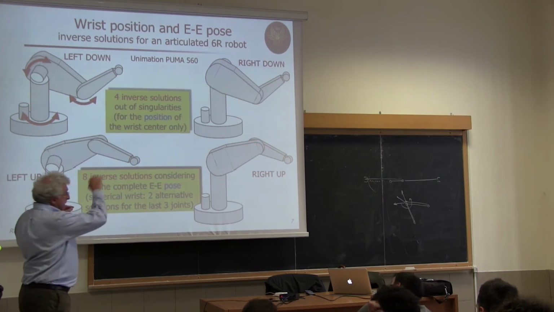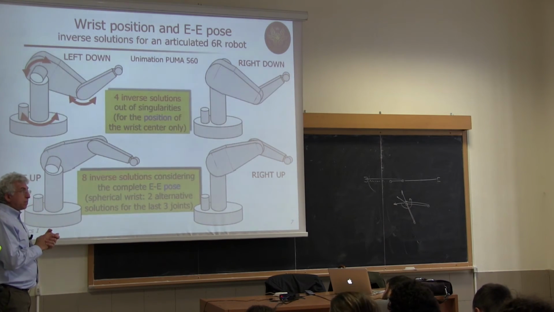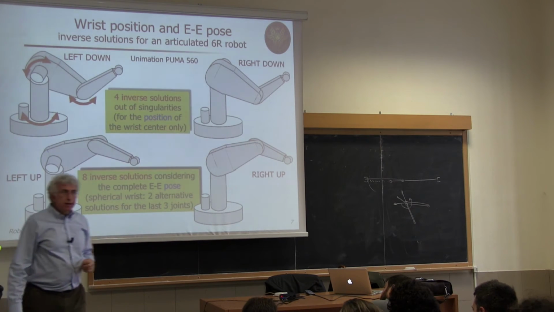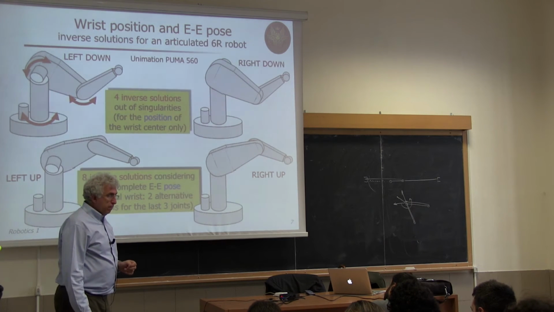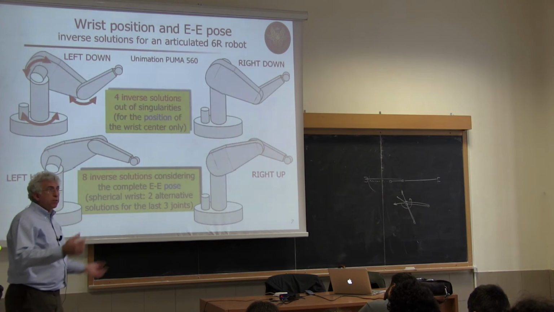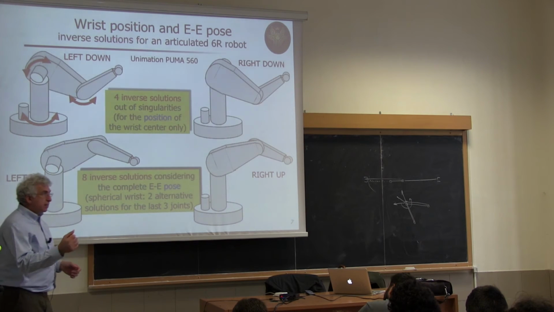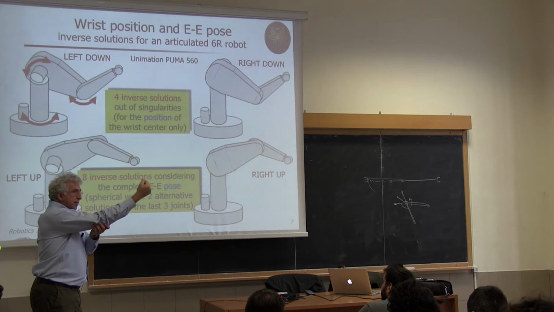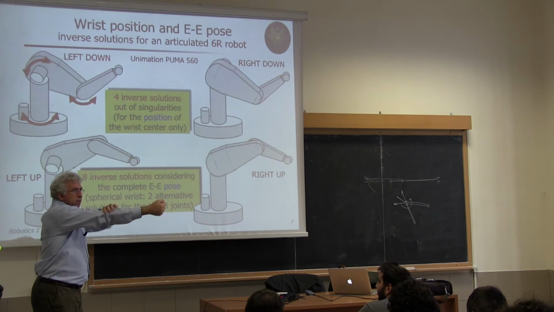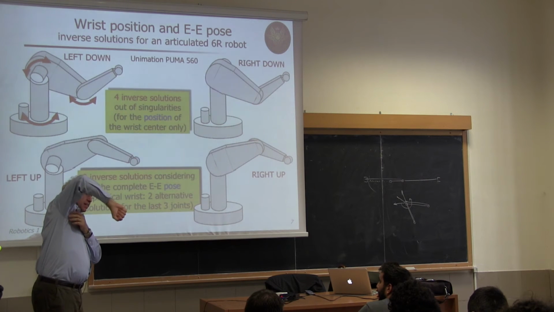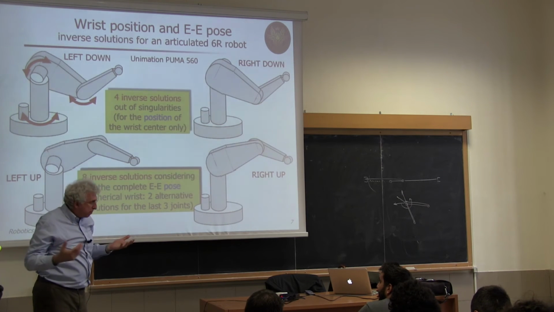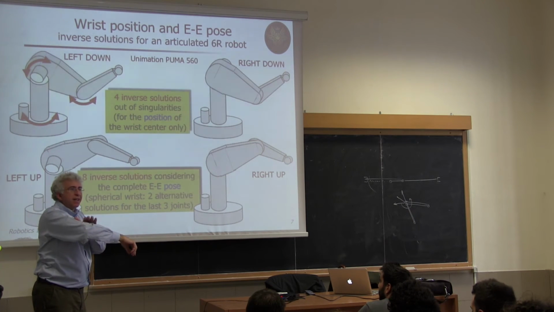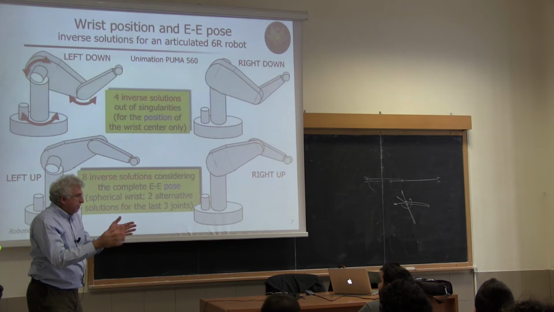Now, if I'm inside the primary workspace, then I typically will have 4 inverse kinematic solutions. And here are shown for a generic position. And they are, in fact, one with elbow down. Now I extend the arm. Now I do something that I cannot do otherwise. And come like this, and this is the elbow up solution. Okay? I have to do this rotation because my elbow has a limited range.